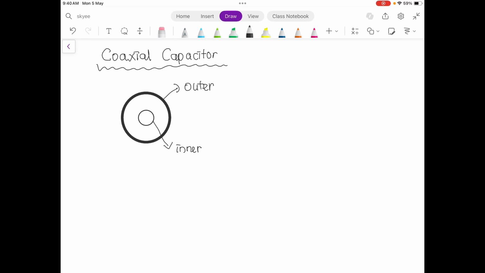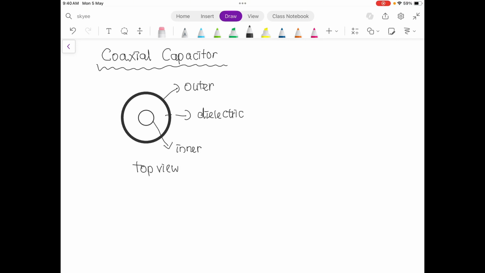In between the inner and outer, we have a dielectric. The dielectric can be any material. This is a top view of a coaxial capacitor.